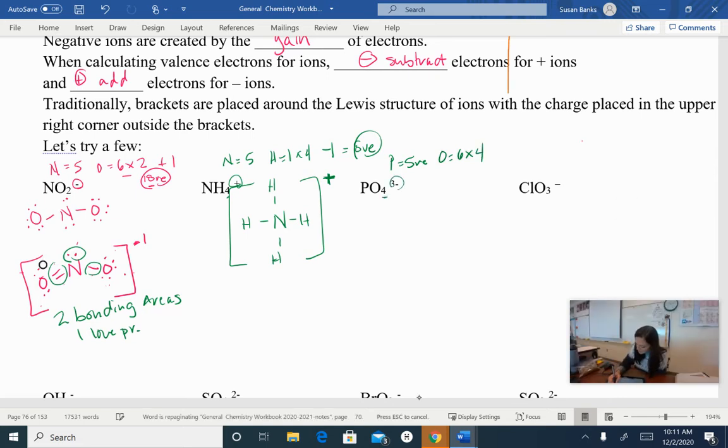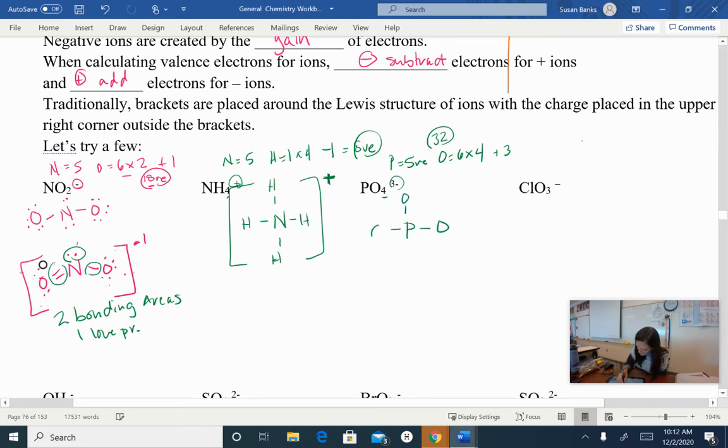And the charge, I'm going to add 3 more valence electrons. So 5 plus 24 is 29, plus 3 more is 32. So I have 32 valence electrons. Okay, so I'm going to put phosphorus in the middle. I'm going to do single bonds to each of the oxygens.